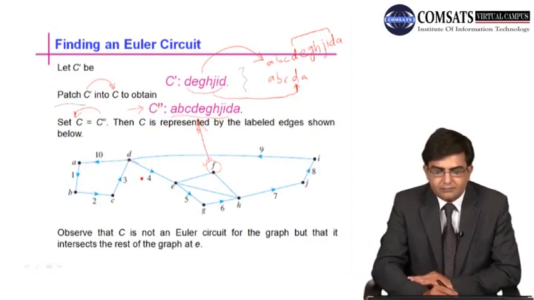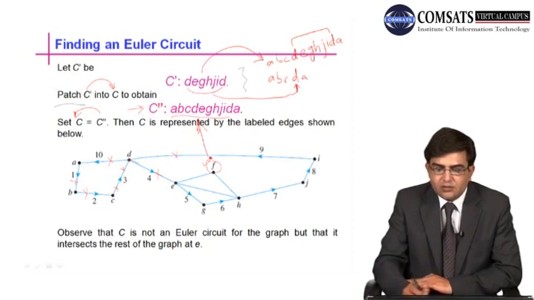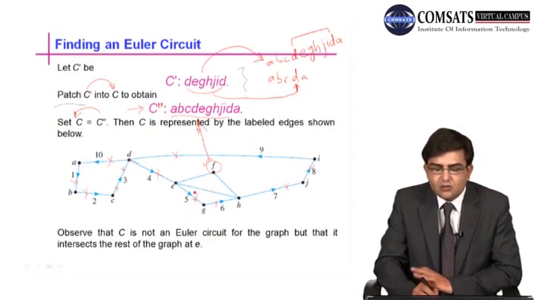We remove all the edges of the circuit, one by one. So if we remove all these edges, what are we left with?